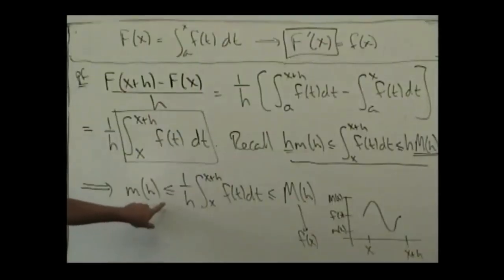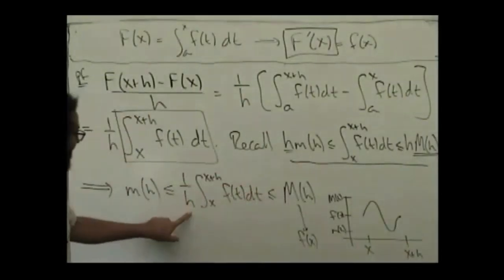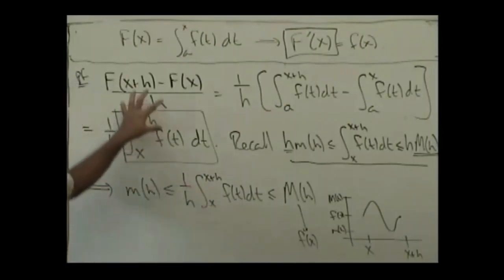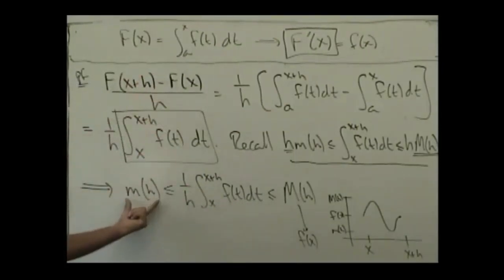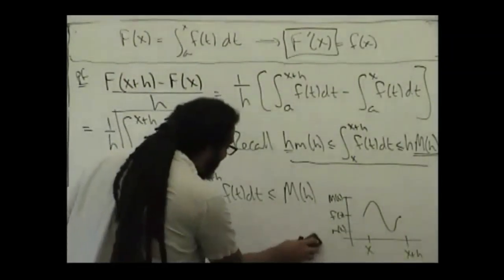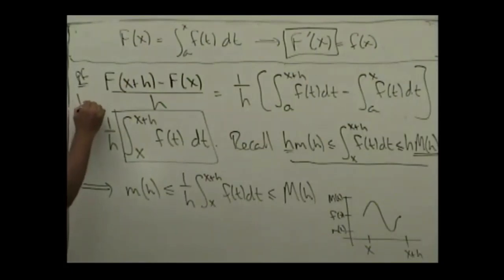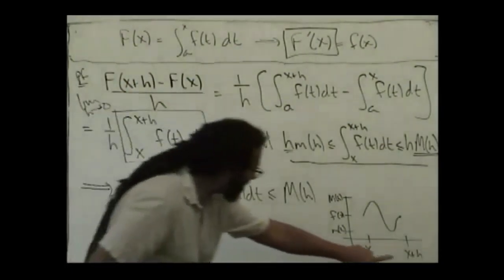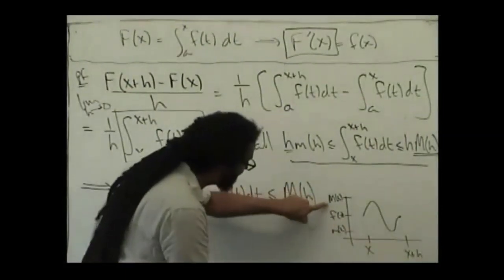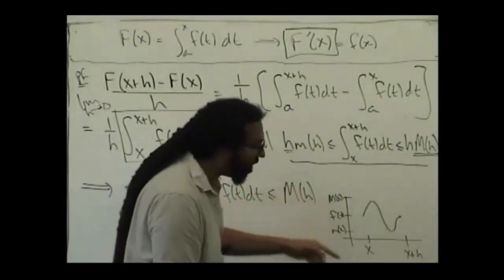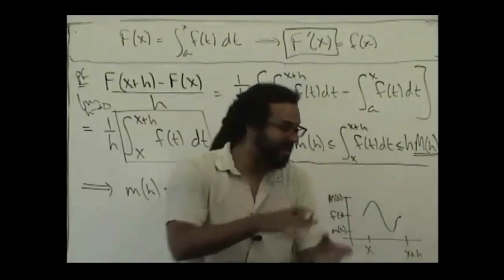Anyway, so now we've got 1 over h times the integral. That says the difference quotient is between these two things. But now remember what happens as h approaches 0. We want the limit as h approaches 0 in order to get the derivative. Well, as h approaches 0, the maximum and the minimum and the function all start to converge on the same thing.